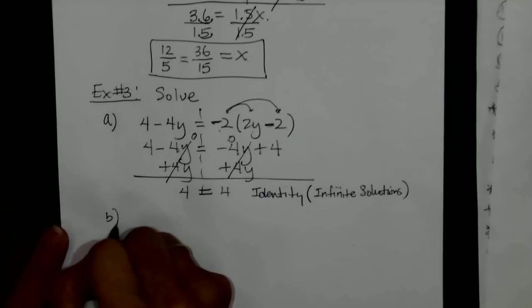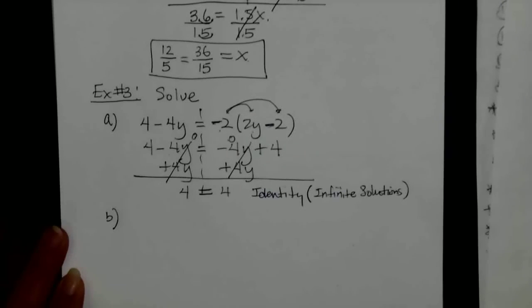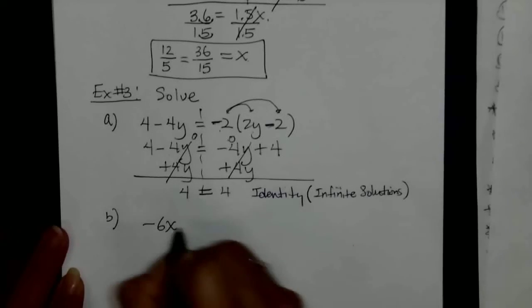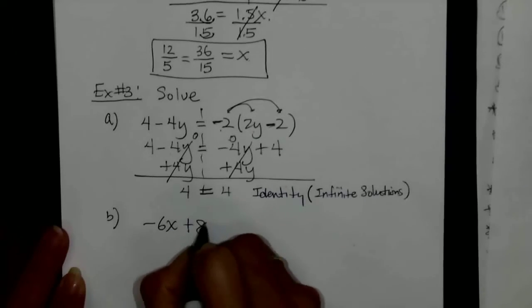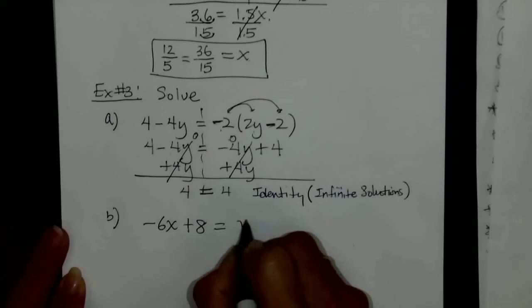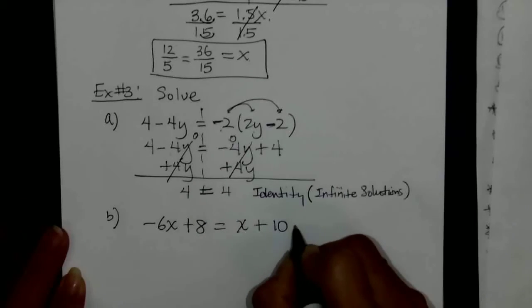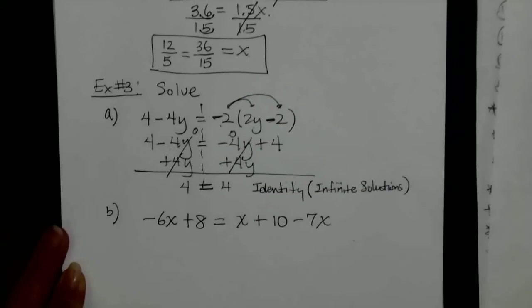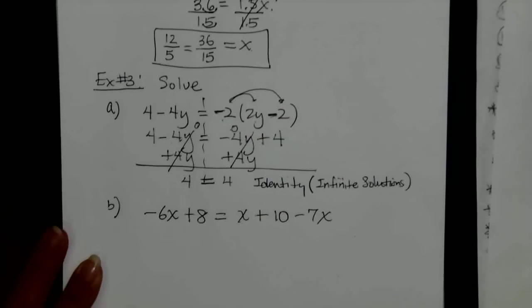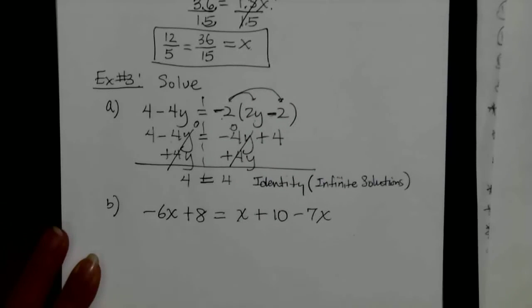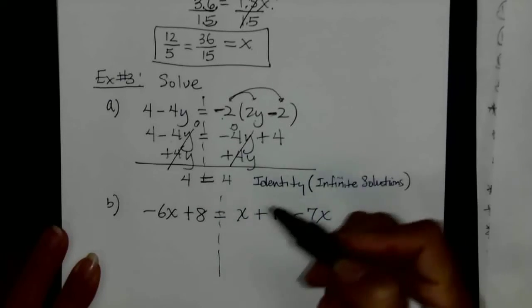Okay, so then here's the second one. Negative 6x plus 8 is equal to x plus 10 minus 7x. Put together the x's: x minus 7x equals negative 6x.